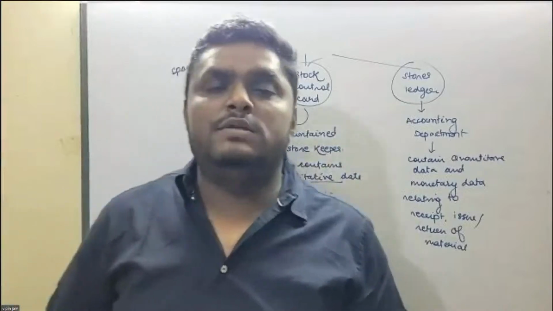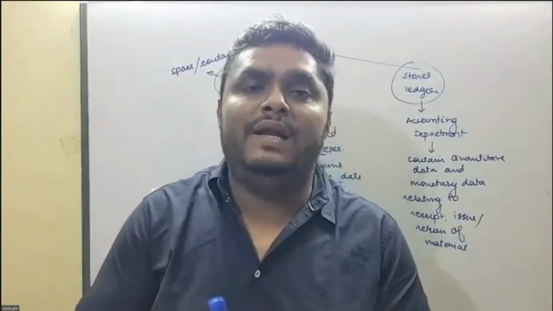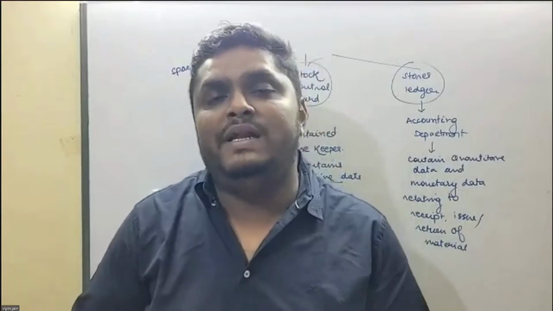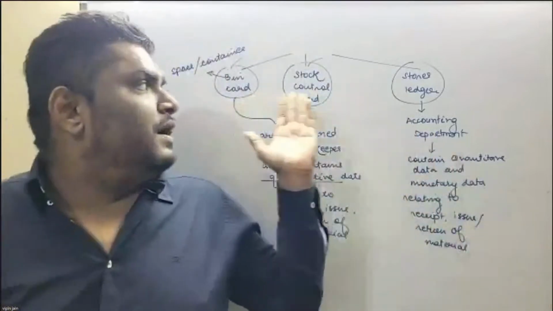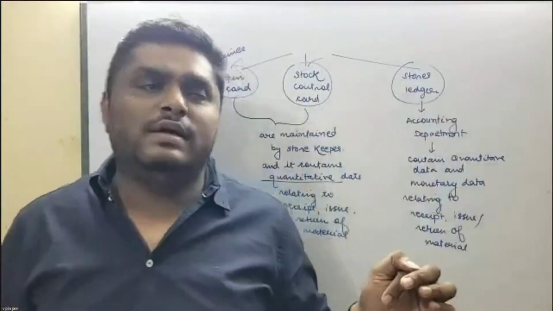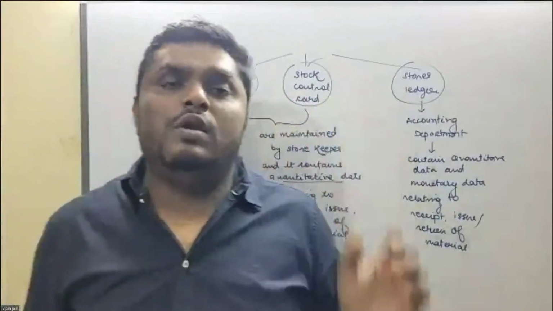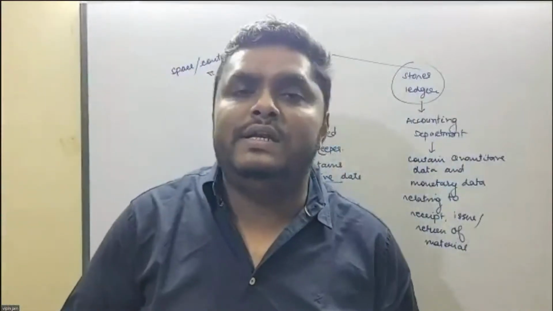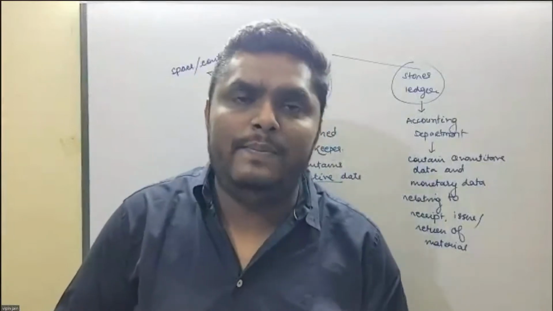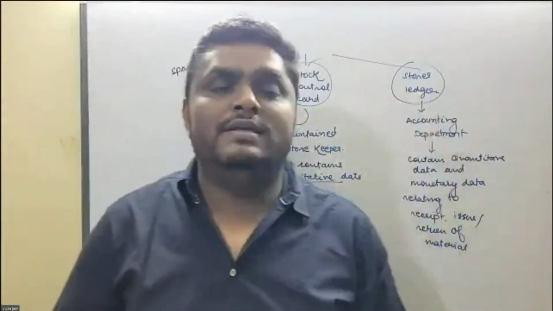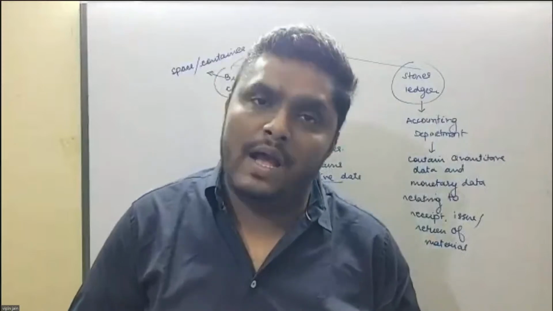I request you guys to please copy this part. We have discussed, for the students who have joined a bit late, the records that are maintained by the company, wherein bin card, stock control card and stores ledger card, wherein bin card and stock control card contain only the quantitative data and are maintained by the storekeeper, whereas this ledger is maintained by the company.